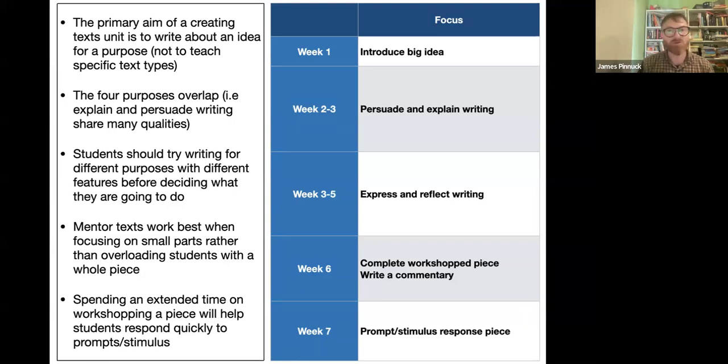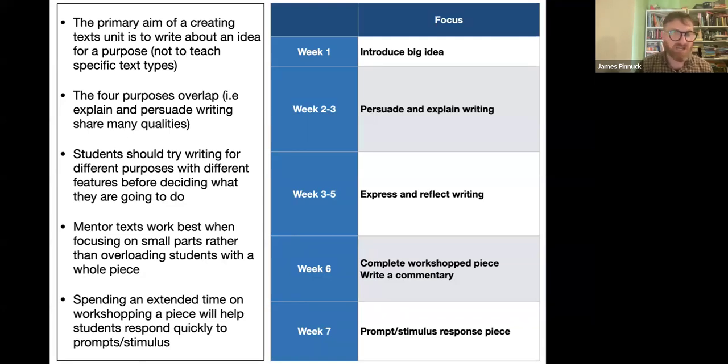Okay, students don't know what they're capable of writing. Students don't know what they're going to feel confident or interested in writing about until they actually have a go doing different types of writing. So it's really important that students have a go at a few different types of writing.